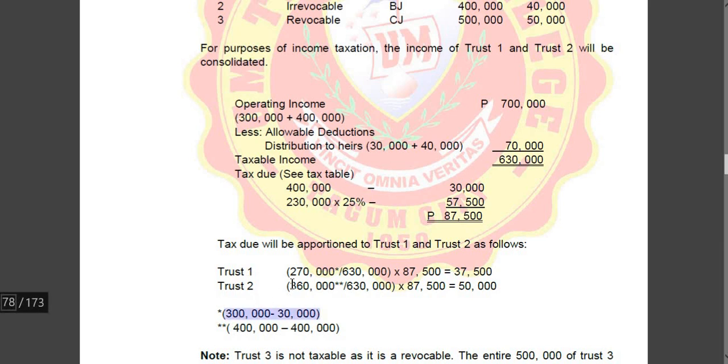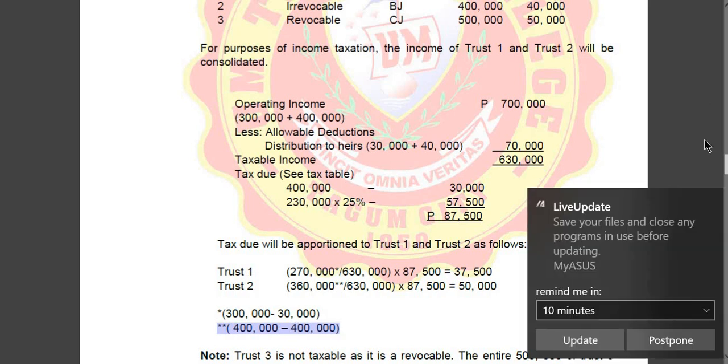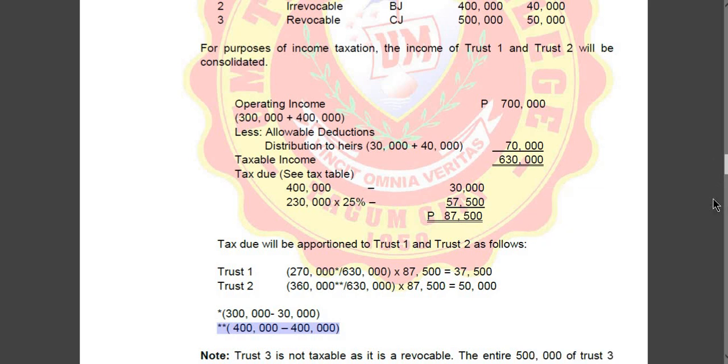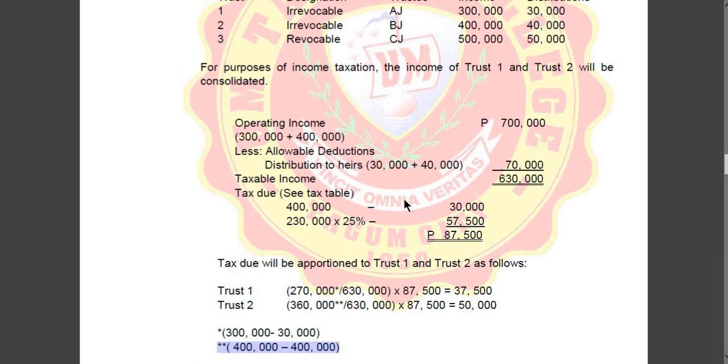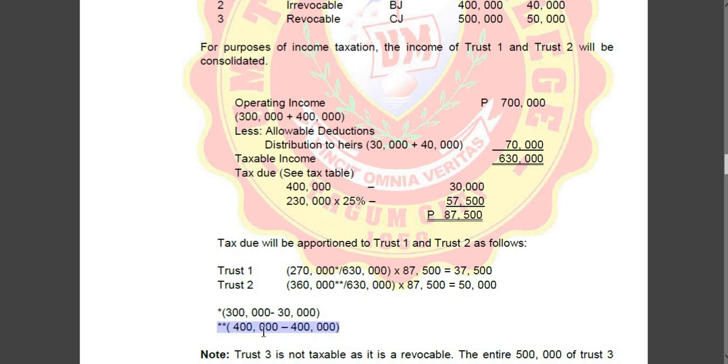The 360,000 is arrived at by deducting 40,000 from 400,000. This should be 40,000, so this is just a typo error. This should be 40,000, which is the distribution to Joe. That's 400,000 minus 40,000, that's 360,000.